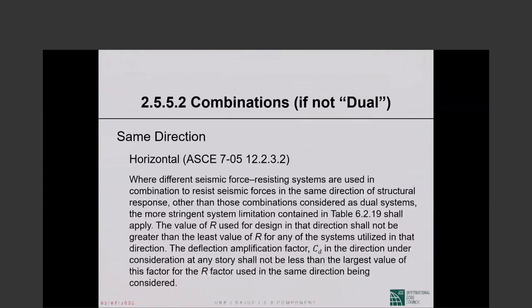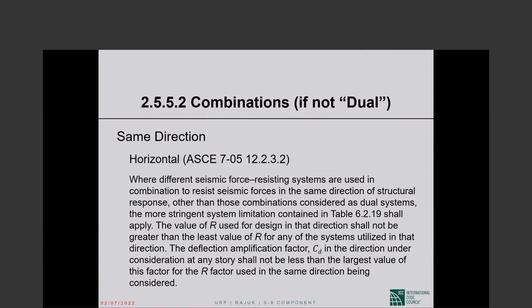combination. Now, why do we say the largest value of this factor for the R factor used? Because there may be more than one system with the same R value in the combination. There may very well be more than one structural system that have the same R values.